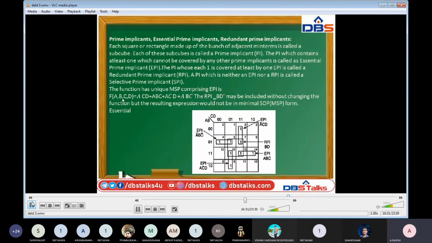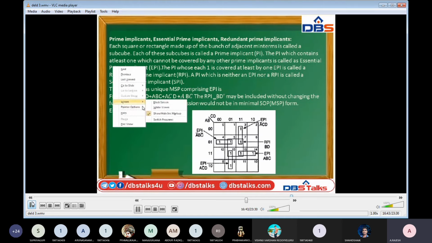Okay, see here, f of ABCD is equal to A'BC'D plus ABC plus ACD. Okay, here they have written some wrong step. See here, I'll write here.